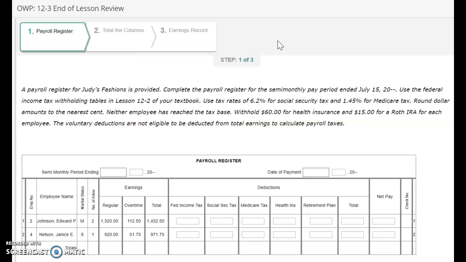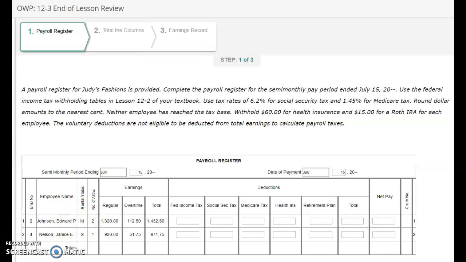Okay, so first step here is we need our semi-monthly period ending July 15th. And our date of payment is going to be the same, July 15th. Okay, so we see here that Edward Johnson is married with 2 allowances.